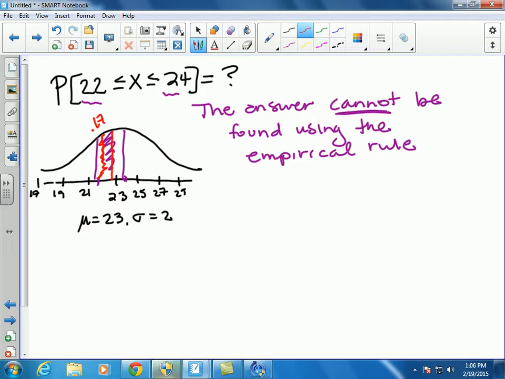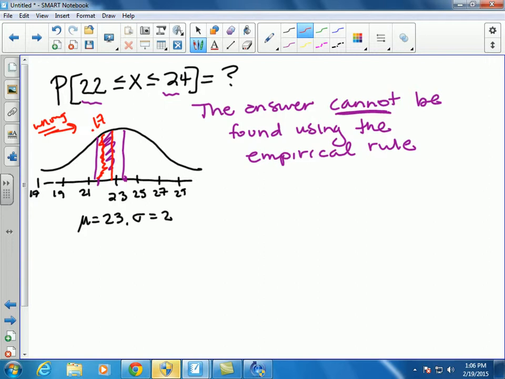Do not do that. That is wrong. It may be close, but it's wrong, because the curve is not triangular. The curve is smooth and rounded. So you cannot use the empirical rule if you are outside the normal standard deviations.